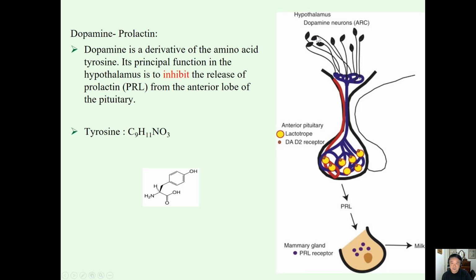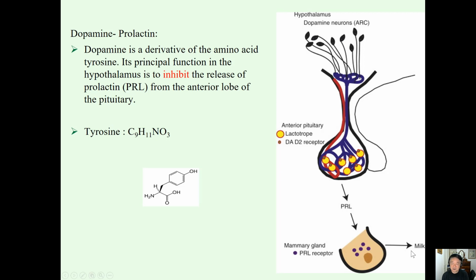This is the dopamine primarily through the D2 receptor to regulate prolactin production, which is inhibitory. Therefore, if you have more dopamine, you have less milk production. If you block your dopamine here, like the D2 receptor, it can cause the secretion of milk.